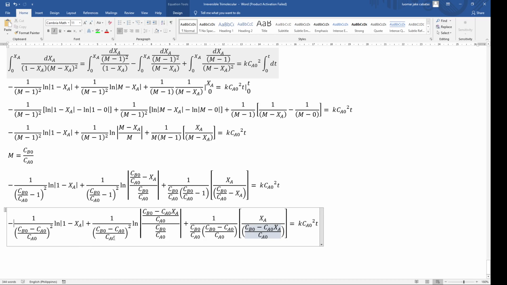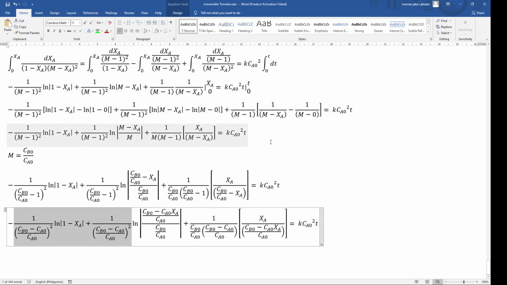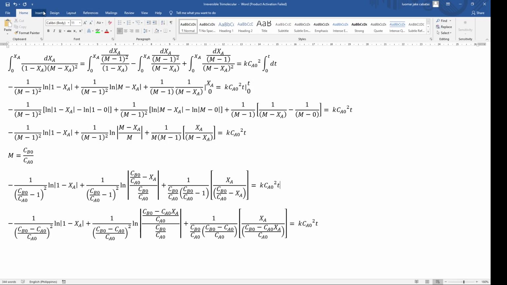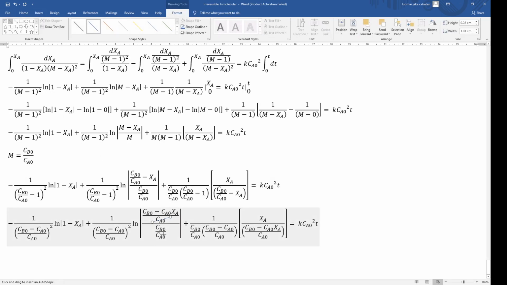And then we can cancel some C_AOs like this one and this one.